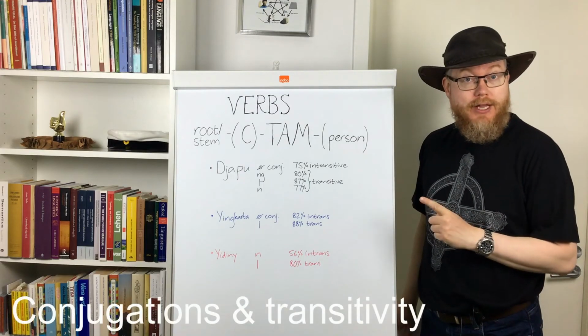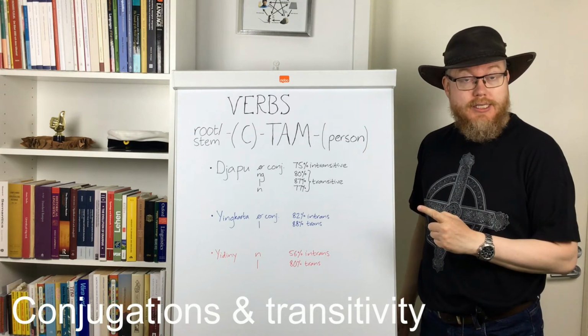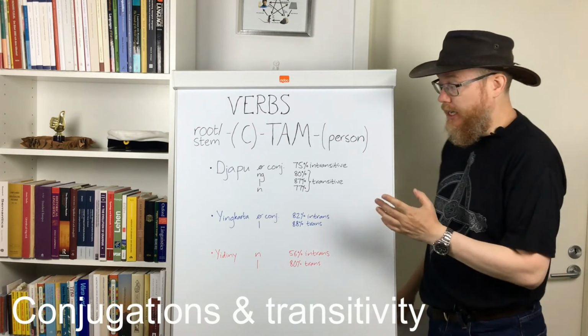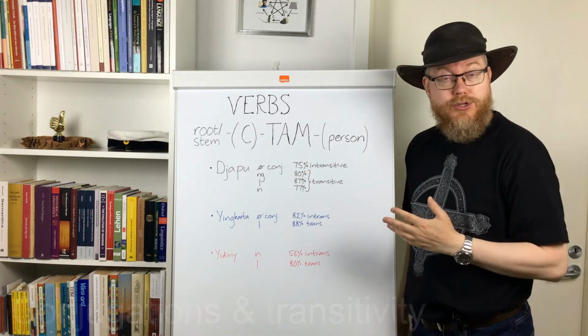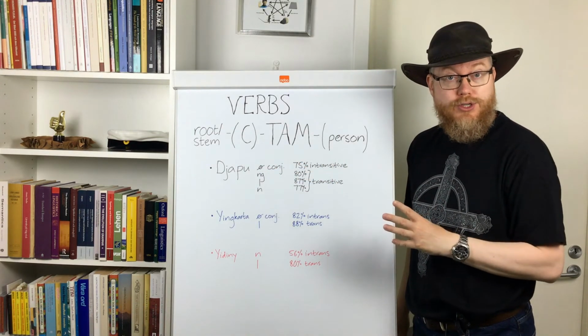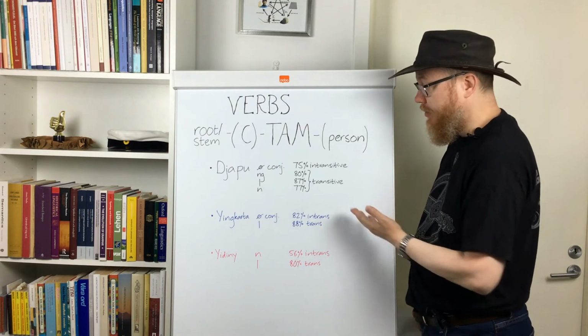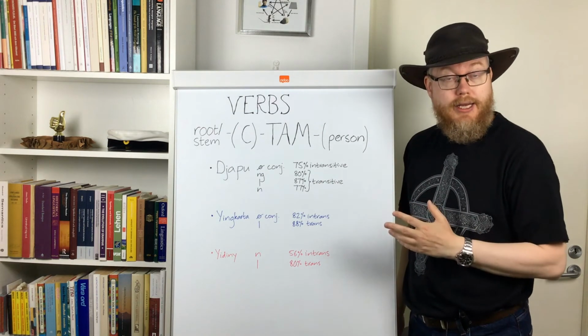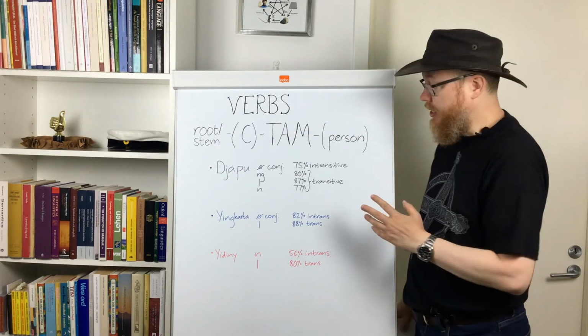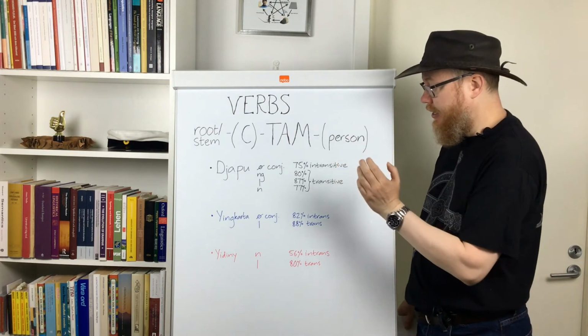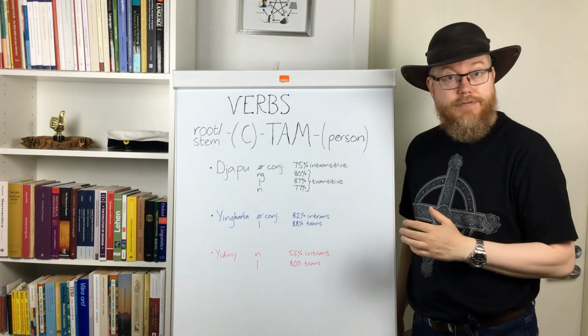So last in this video, I'd like to ask the question, is there a correlation between the conjugation a verb belongs to, and its transitivity value? And in this context, I would like to discuss intransitive and transitive verbs.